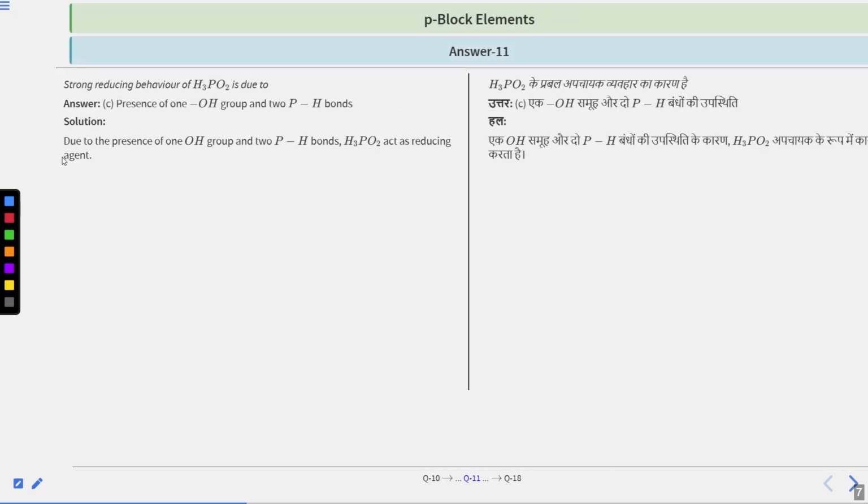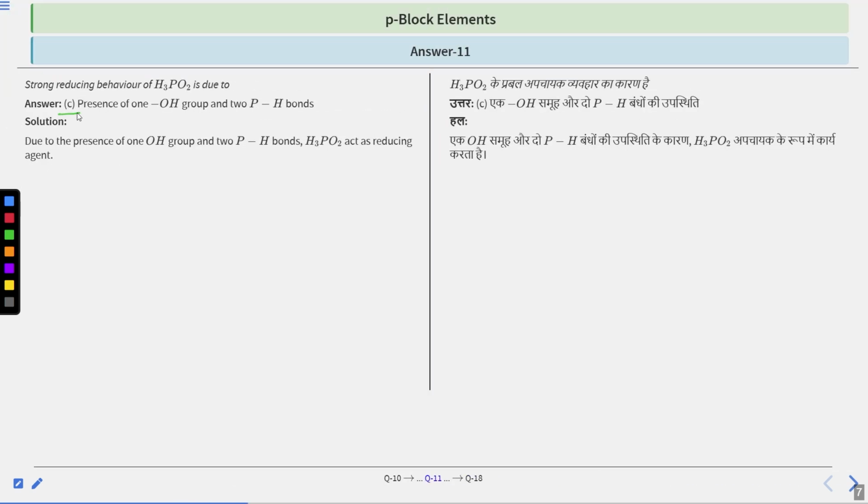Let's see. The correct answer is option C, that is presence of 1 OH group and 2 P-H bonds. Due to these two, H3PO2 acts as a reducing agent. If you look at the structure of the H3PO2 molecule, P will be at the center.